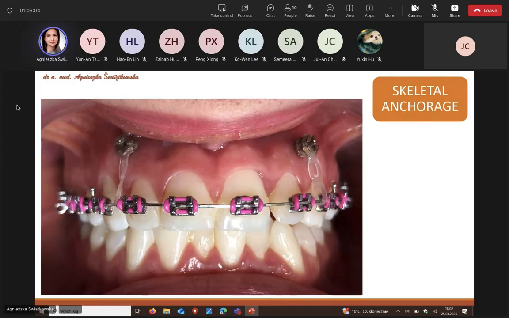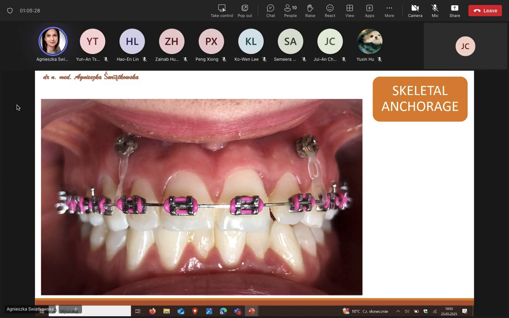And here you can see the microscrews much bigger. And symmetrical intrusion, you can see the effect. The overbite is decreased by half, so the upper incisor covers the lower incisor less than a half.